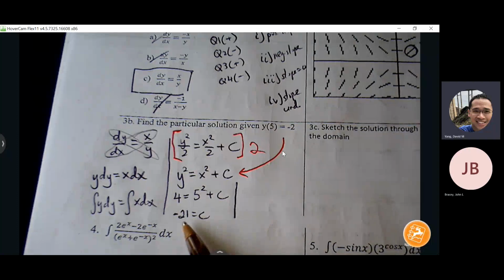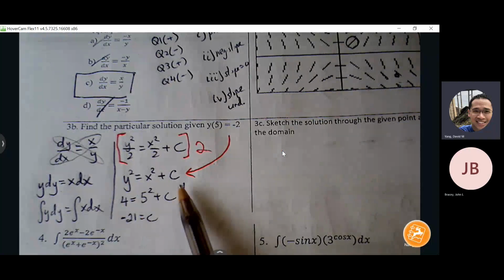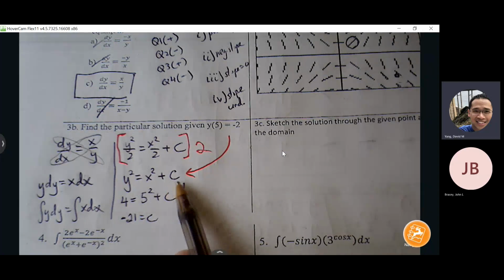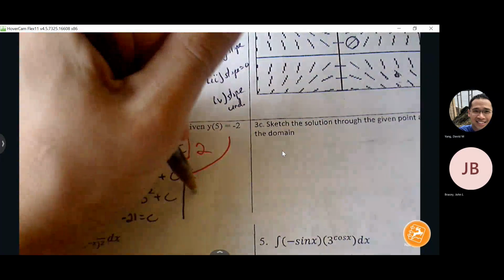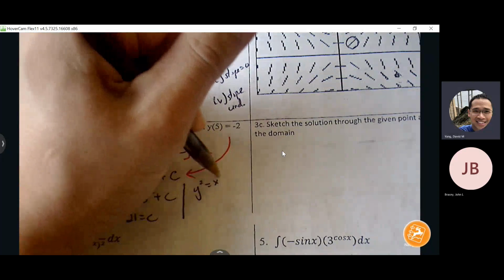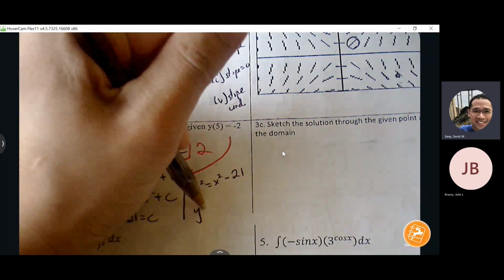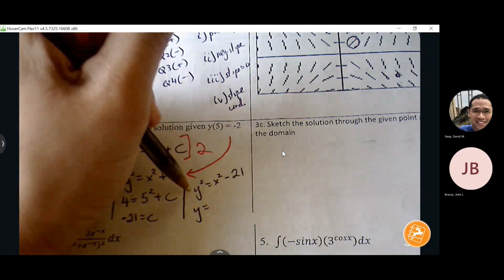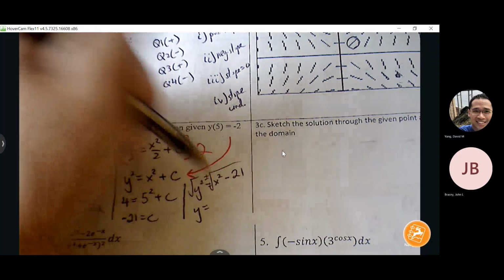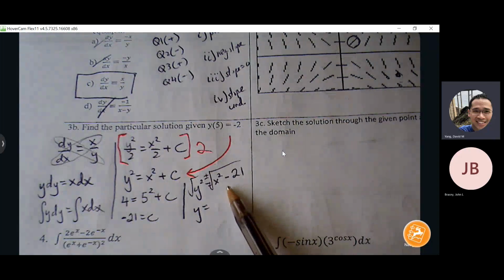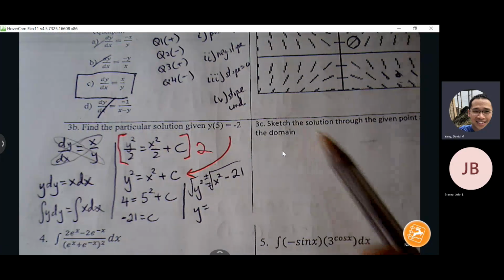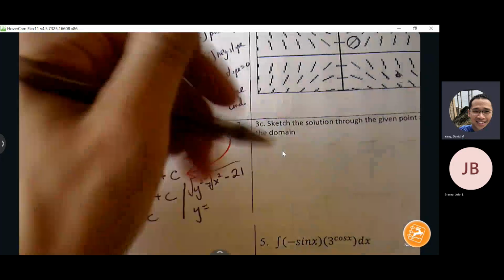So now that I have my C value, I'm going to insert this back into where I started making my substitution. Plus or minus comes out of this square root. Which one do I choose between the plus or minus square root? Because y is negative.